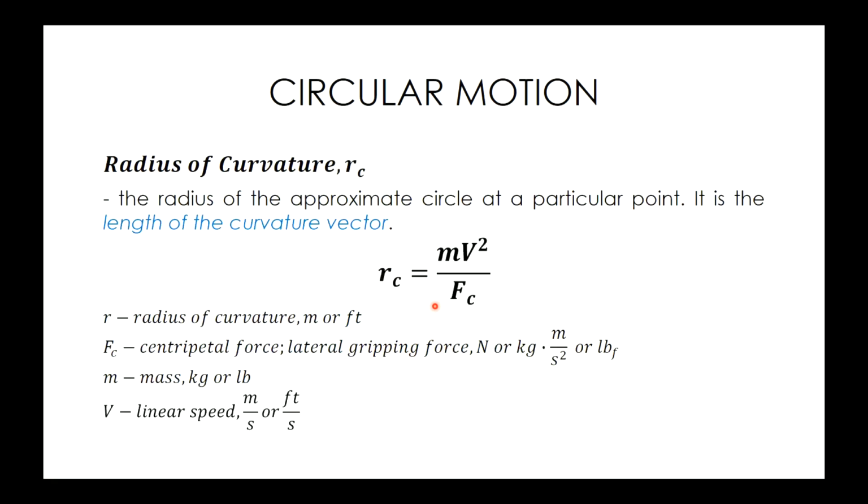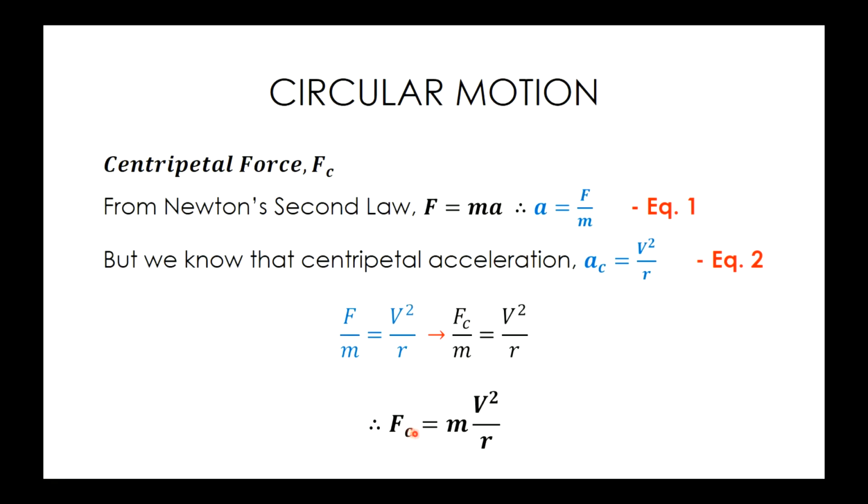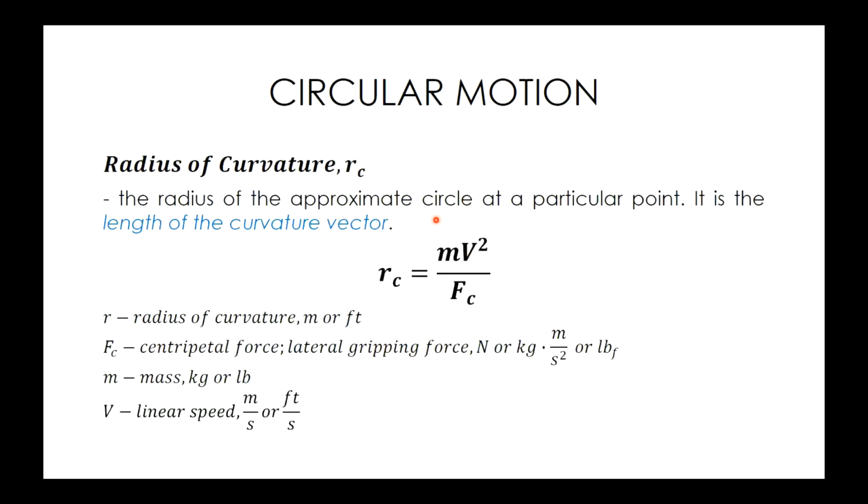Since F is on the left side, we multiply the whole equation by R, and then by R over F sub C so that F disappears and R moves to the other side. So we come up with this equation. R sub C is equal to MV squared over FC.